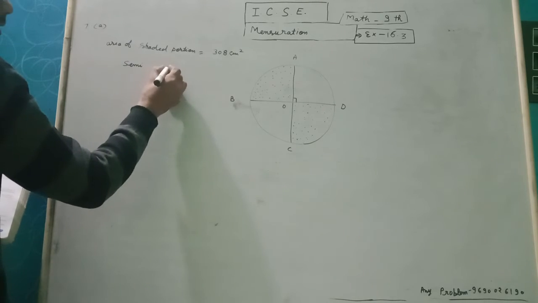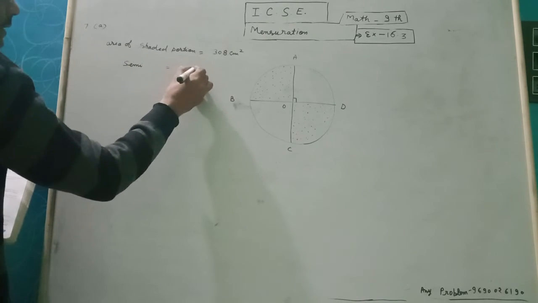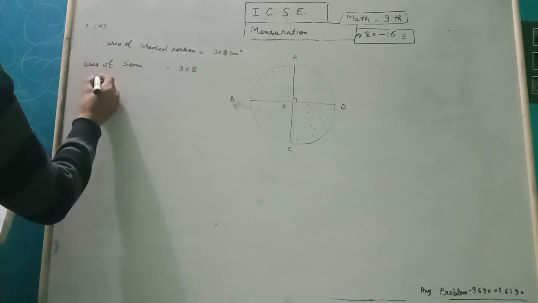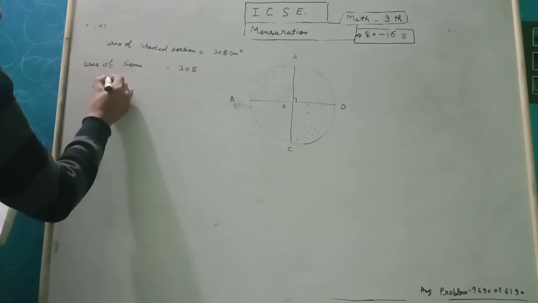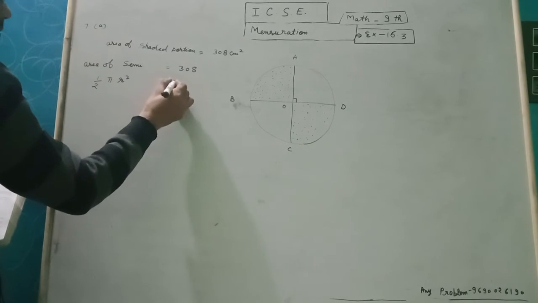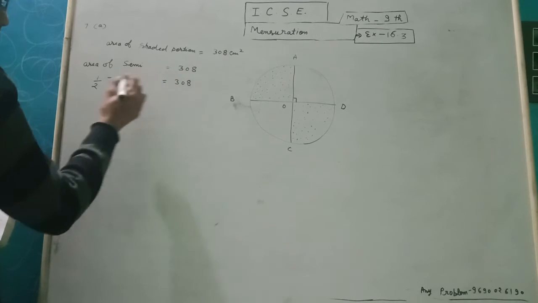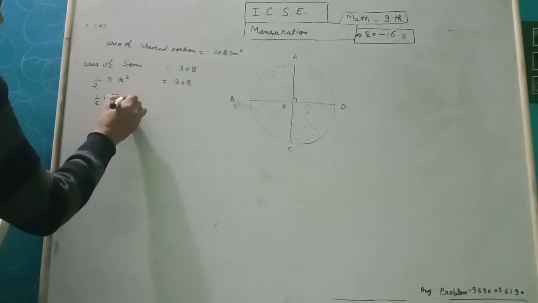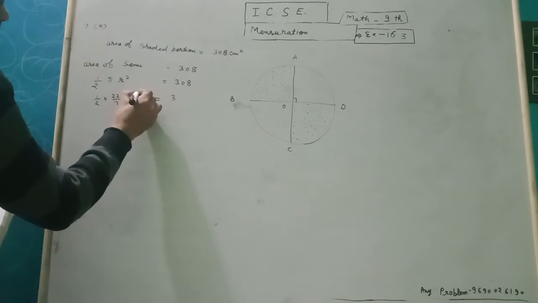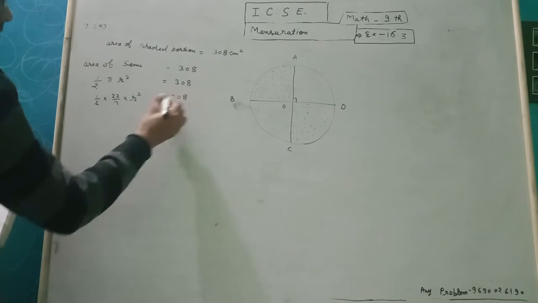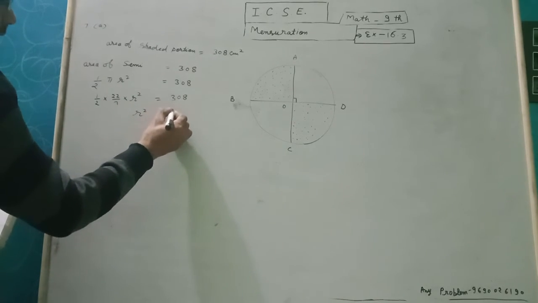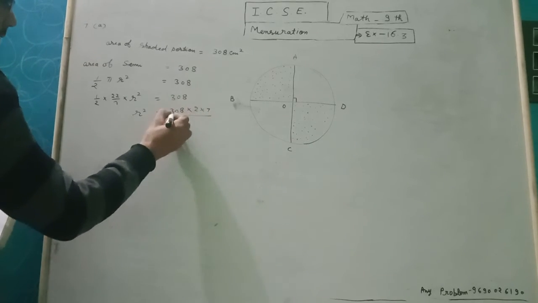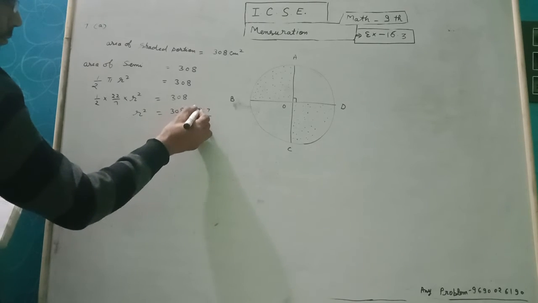Area of semicircle is equal to 308, formula is 1 by 2 pi r square is equal to 308. 1 by 2 pi value 22 upon 7 into r square is equal to 308. r square is equal to 308 into 2 into 7 upon 22.